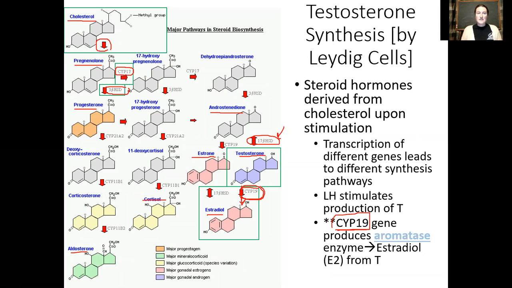Okay, so a couple take-home messages here. First of all, steroid hormones are derived from cholesterol, whether we're talking about stress hormones, hormones that regulate salt balance and blood pressure, or sex steroids down here. And this pathway can be shifted in lots of different directions. For example, if you are super stressed out, more cholesterol is going to be diverted to making cortisol than it is to making these over here.